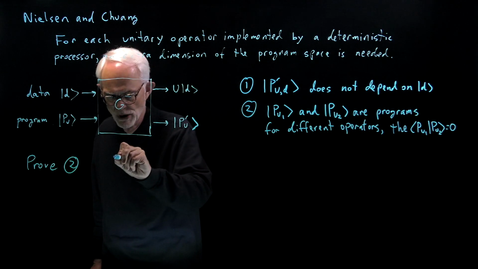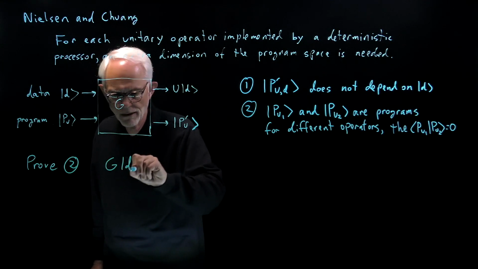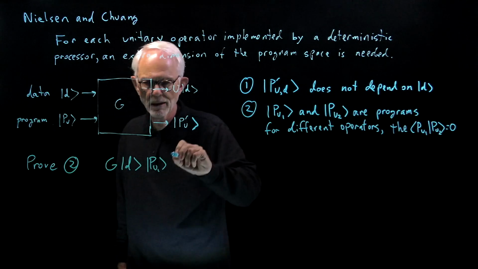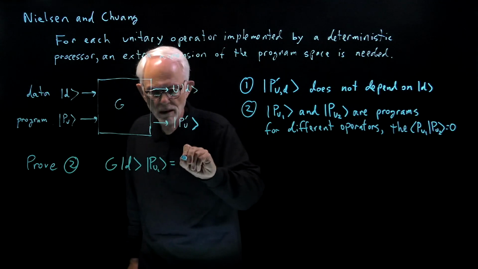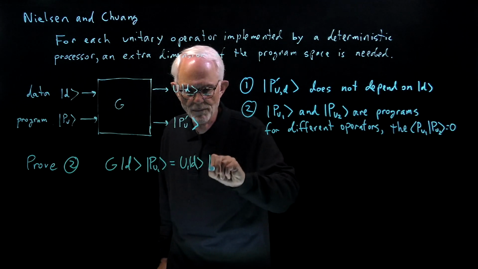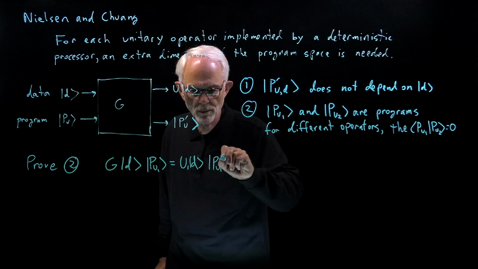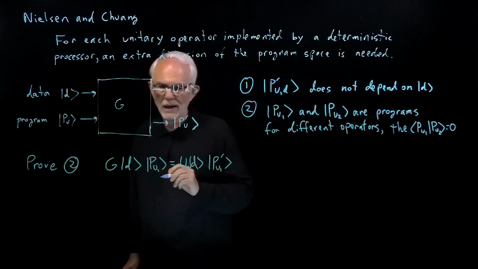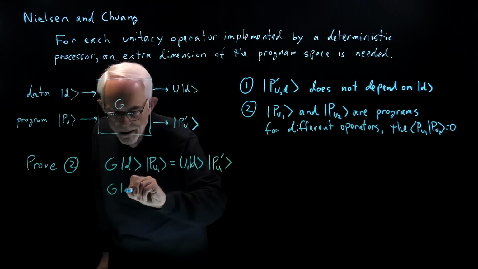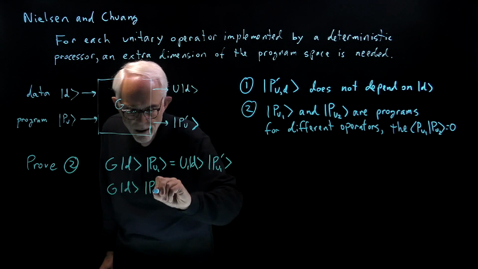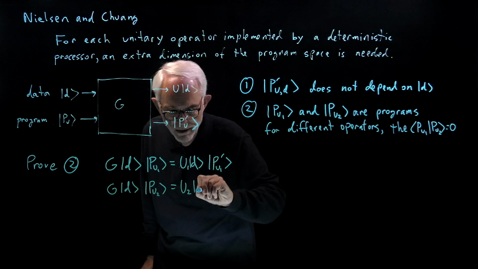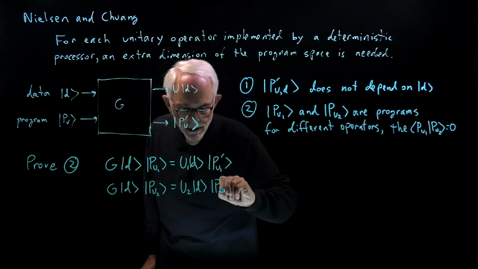We're going to start with G, and we're going to have D, and then PU1, and that is going to equal U1D times PU1 prime. And then we're going to write it down for a different operator, G, D, PU2 equals U2, D, PU2 prime.